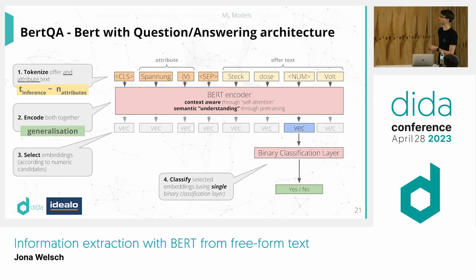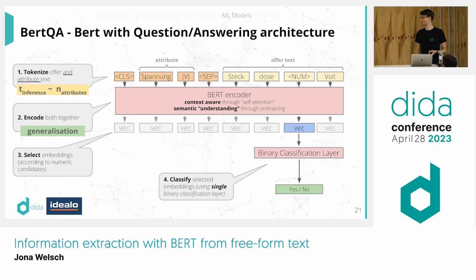Therefore, we call it a question answering architecture. This has a downside, as some of you might notice, because I cannot find all my attributes at once here. I need to input the attribute into my BERT encoder, and therefore I need to do this whole thing as many times as attributes I'm interested in. So my inference time scales with the number of attributes.